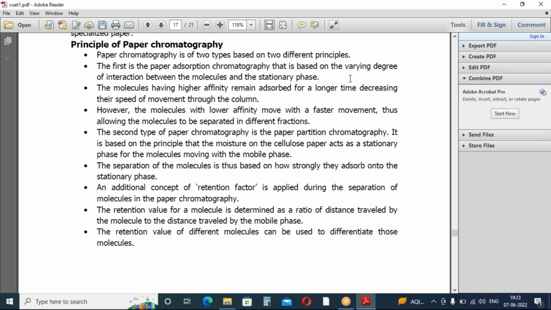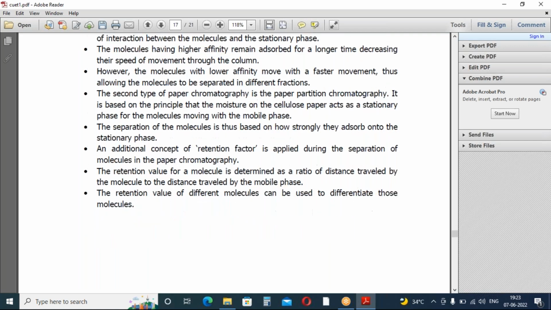For example, if a protein sample is applied onto the paper, we count the distance it traveled and the distance the mobile phase traveled, and from that we calculate the retention factor as the ratio of the two. This is mainly used for the separation of the components present in the mixture.